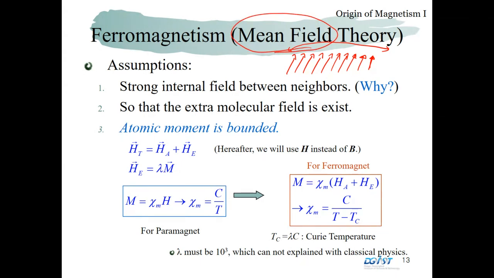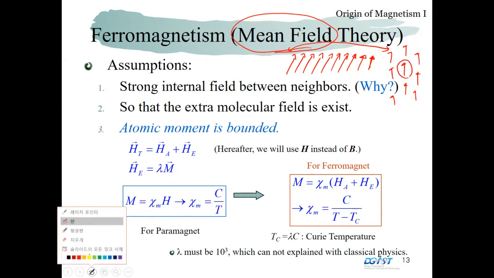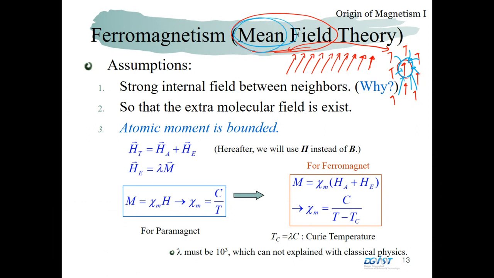Mean field theory means that if we have many atoms, let's pick one single atom, and all contributions from the other atoms, we can take the average. That's the meaning of the mean.